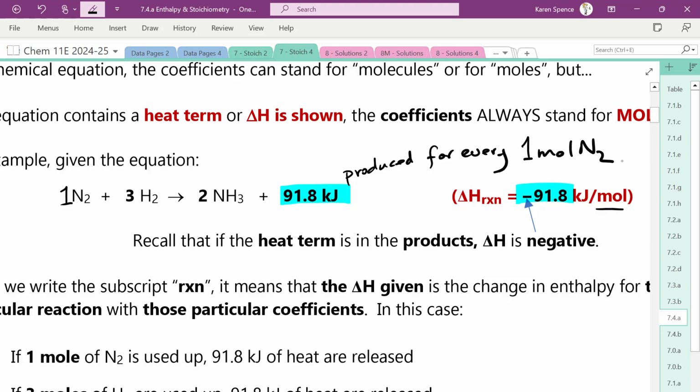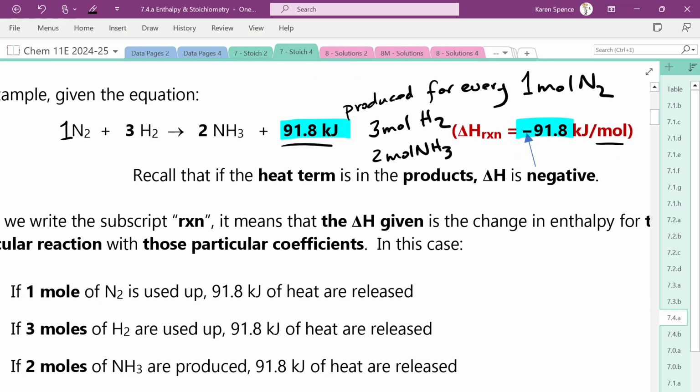You get 91.8 kilojoules produced for every 3 moles of H2, and for every 2 moles of NH3. So it essentially just works like everything else in stoichiometry. It's just instead of having a 1-to-2 ratio, it's a 1 to 91.8 ratio.